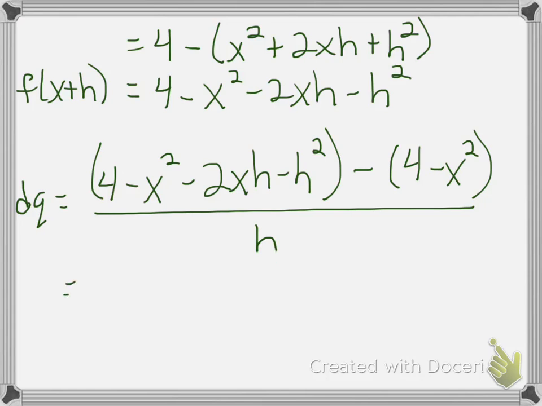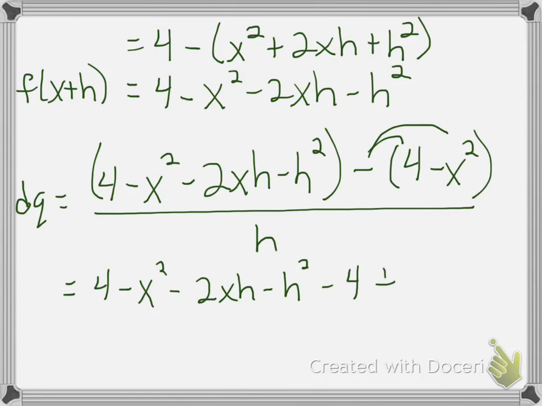I'm going to again deal with my parentheses, simplify. 4 minus x squared minus 2xh minus h squared. Now this turns into, again, I'm distributing that negative, minus 4 plus x squared. I'm going to deal with that all over h later. What I'm going to do next is then just combine like terms. Notice that there are a couple of things that simplify. We have 4 and a negative 4.